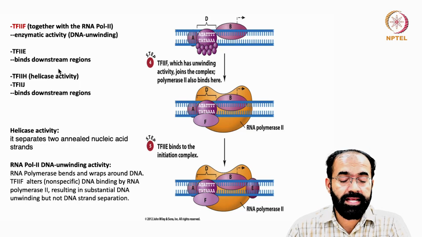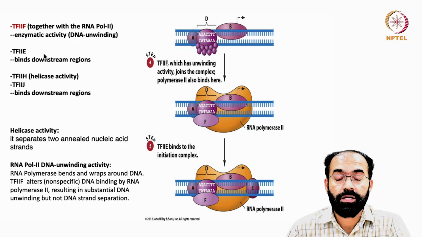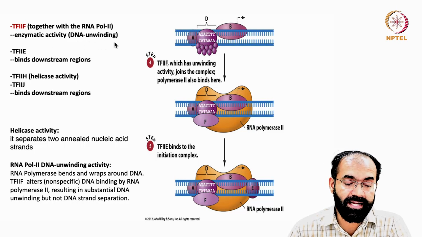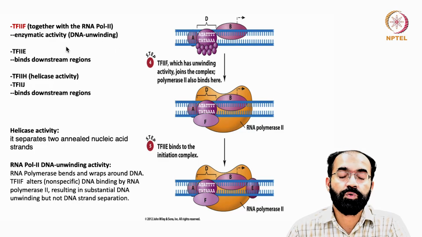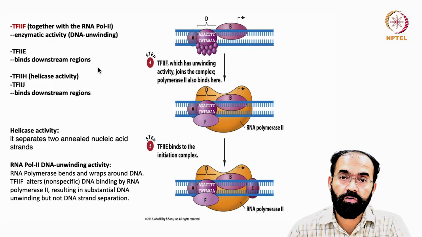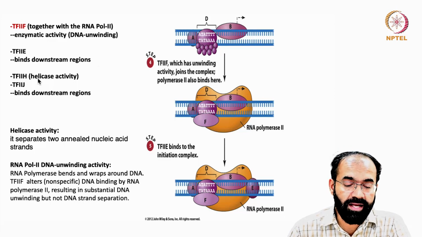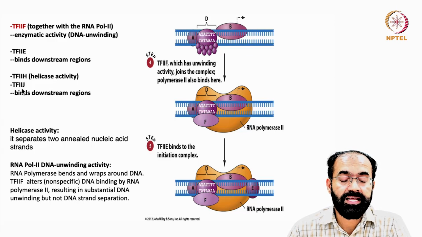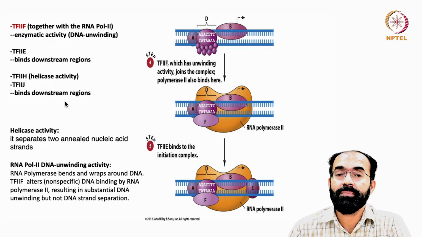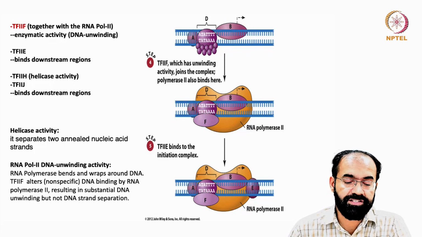And then TF2F together with RNA polymerase II causes the enzymatic activity, that is the DNA unwinding activity. Then TF2E joins, which binds to downstream regions of the transcription initiation region. Then TF2H, which has helicase activity, and then TF2J, which has a binding capability to the downstream regions.